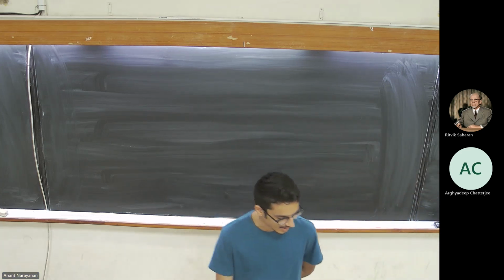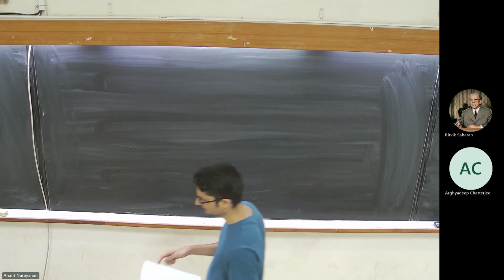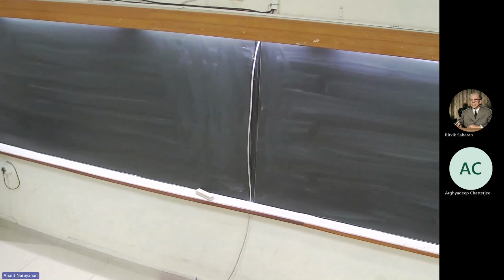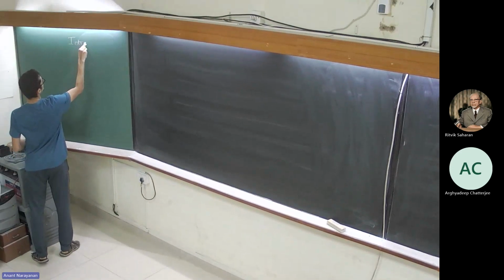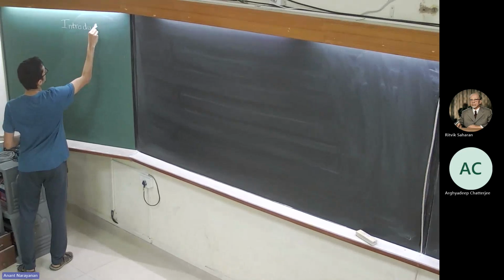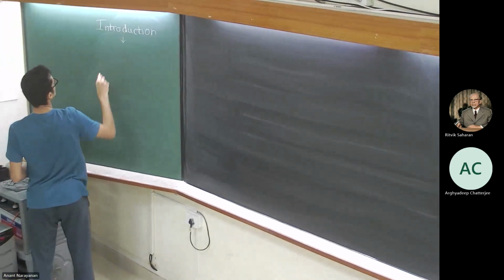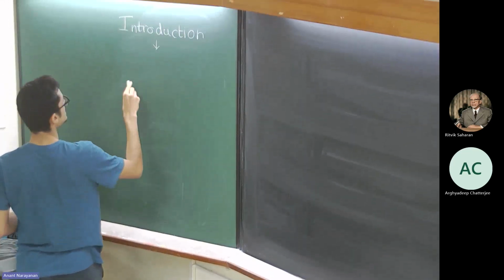Okay, so let's start off. I'll just write a tentative map of what we'll cover. This introduction will lay down the basic notation and concepts, which we'll keep on using. Then we'll move on to the main results.